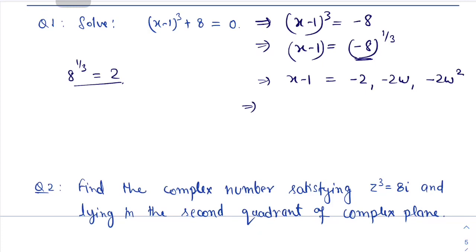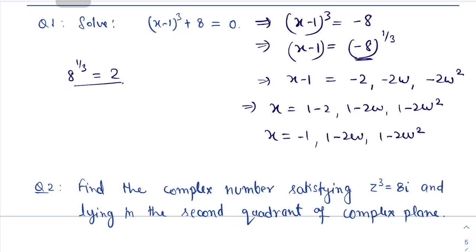We are interested in finding x, so we are going to transfer this minus 1 to the right hand side. We will get x to be minus 1 minus 2, 1 minus 2 omega and 1 minus 2 omega square. These are the 3 answers.